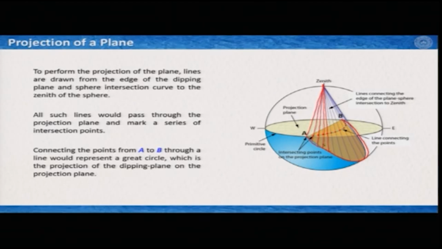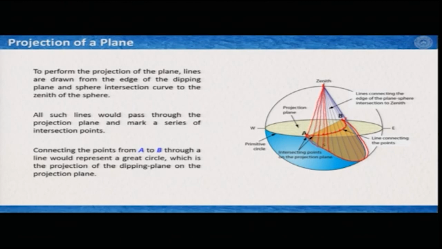Now, it is possible to connect all the points from A to B by a curved line. This curved line is actually the projection of the dipping plane on the projection plane.